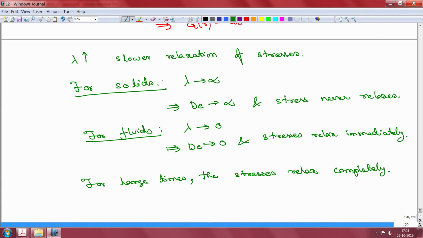Now, quickly recall from one of the previous classes what we had discussed. This represents a fluidic type of model, right. So, it represents fluidic behavior. So, the Maxwell model is appropriate to describe certain fluids and not solids.